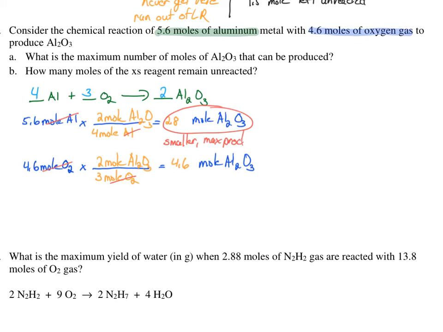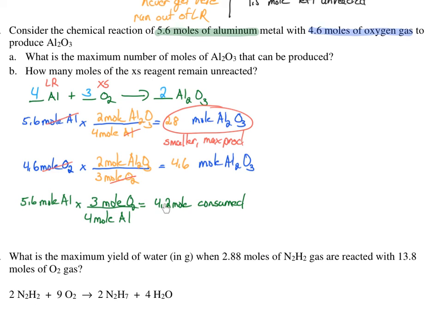Now we use our limiting reagent to determine how much of our excess reagent has been consumed. We know our limiting reagent is aluminum because it's the reagent that leads to the max product. That means our other reagent is our excess reagent.